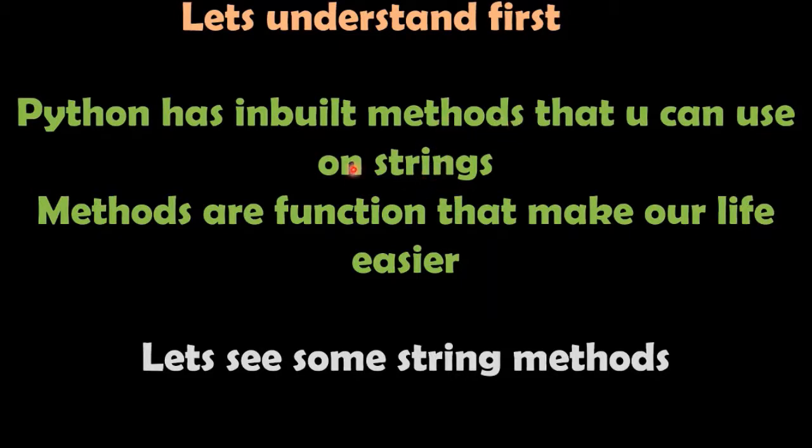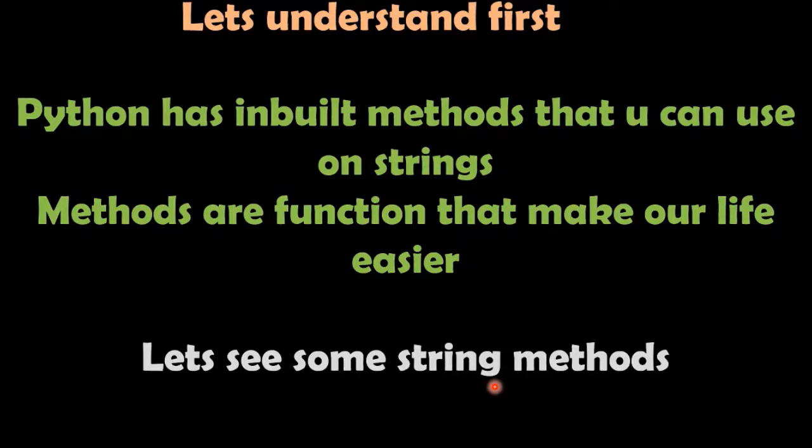In this case the object is strings, so for strings we are calling a combination of functions, which is called methods. Methods consist of various functions that we can use to perform our task better. I hope you have understood methods. Now let's see some string methods that we have in the Python 3 programming language.